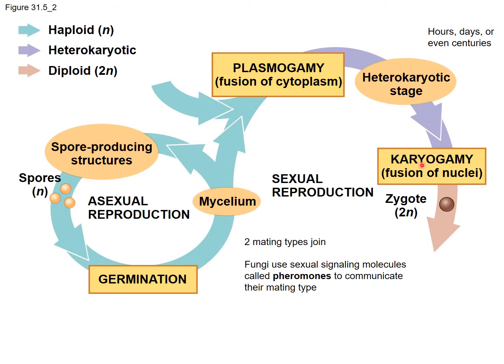Once the nuclei finally fuse, the organism is no longer in the heterokaryotic stage. It now produces what's called a zygote. So now this is the diploid stage. Here I mentioned that the two mating types are going to fuse together. They're basically going to release pheromones or chemical signals which attract one another by sexual means.